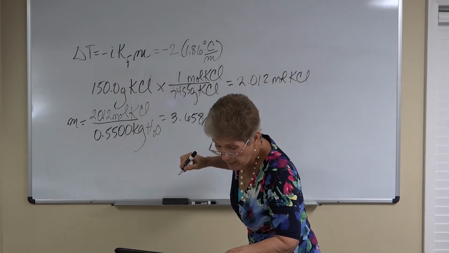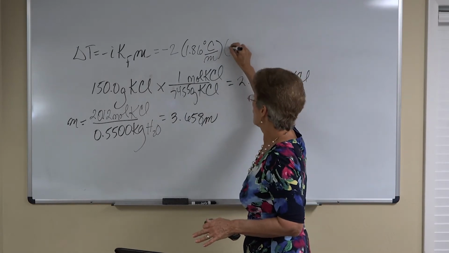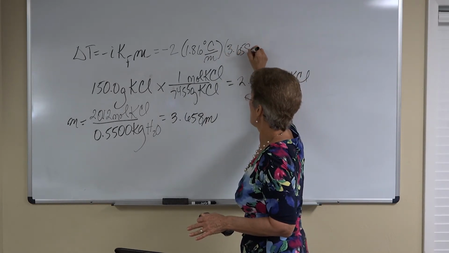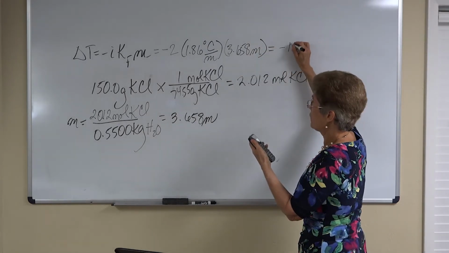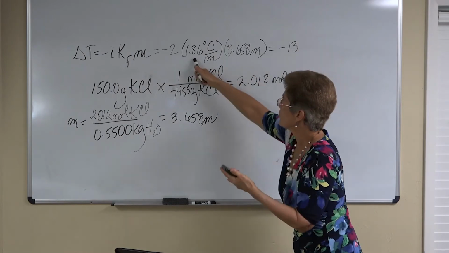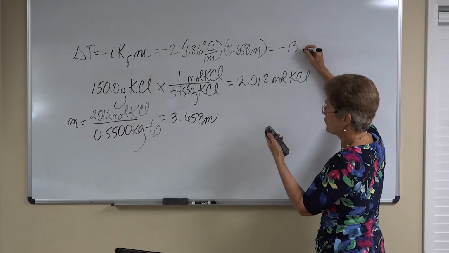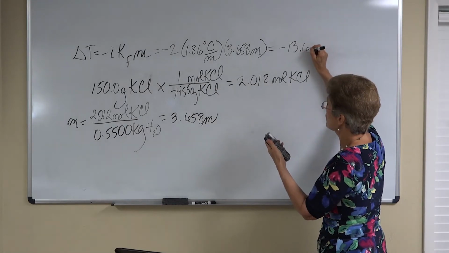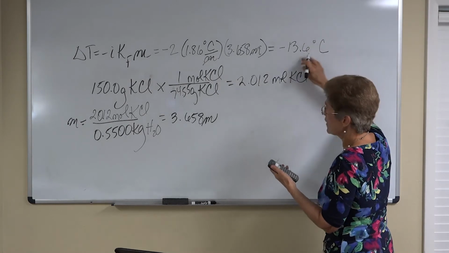And then we calculated the molality as 3.658 molal. That gives me a negative 13. Got 3 significant figures here. This one is an infinite number of significant figures, so I have to have 3 significant figures in my answer. These will cancel, and I'll be left with degrees Celsius.